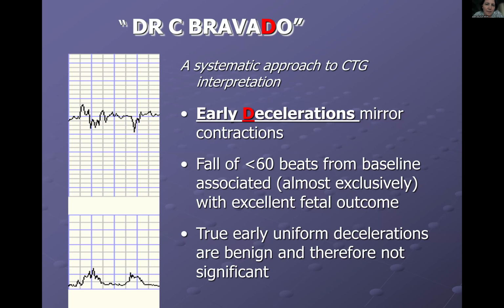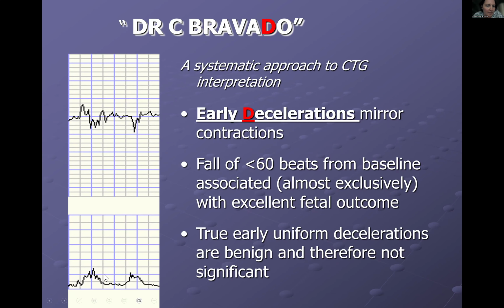Now, the D. The D stands for decelerations, and there are really and truly three main types of decelerations. You've got the early decelerations, you've got the variable decelerations, and you've got the late decelerations. Now, the early decelerations are the ones which mirror contractions. So remember, we started off by determining the contractions.